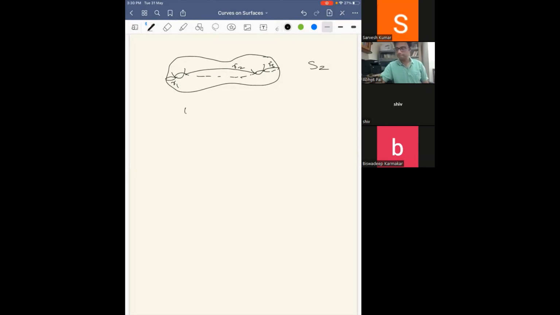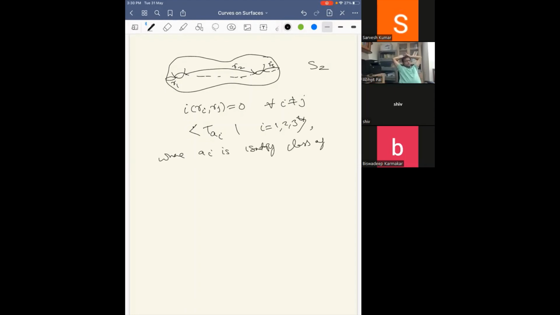Then you can see that the geometric intersection number of gamma_i and gamma_j is 0. So you can simply look at the group generated by T_{A_i}, i equal to 1, 2, 3, where A_i is the isotopy class of gamma_i.